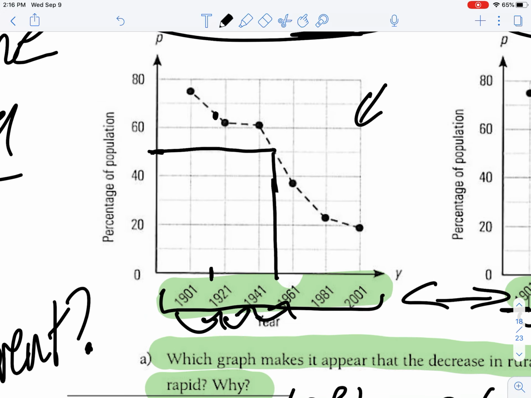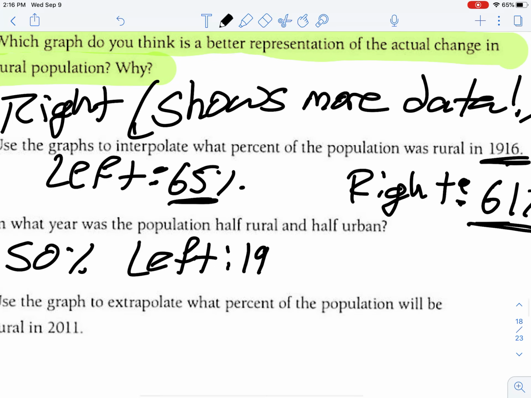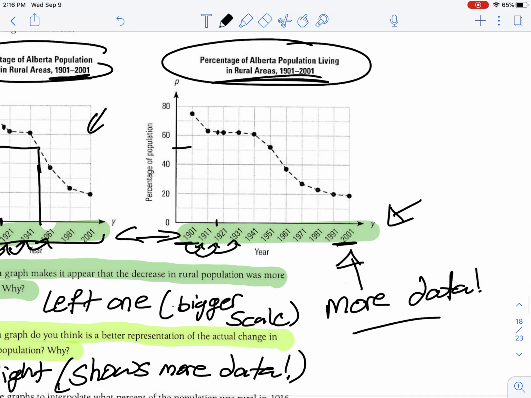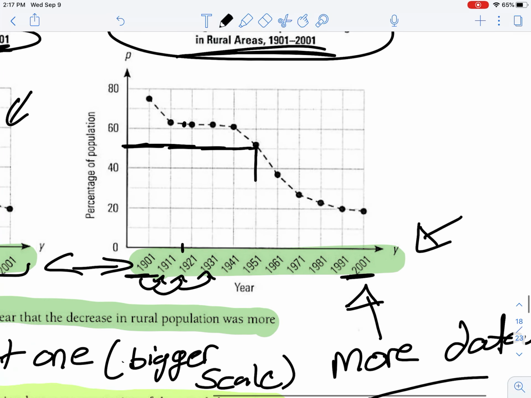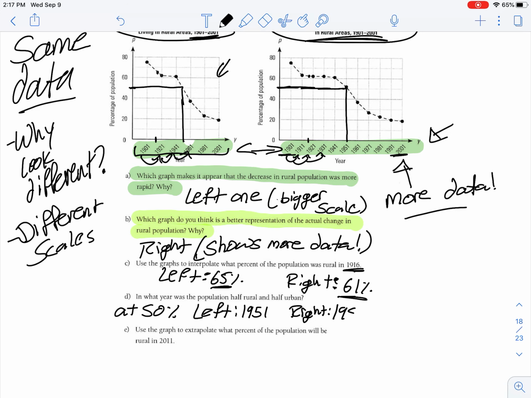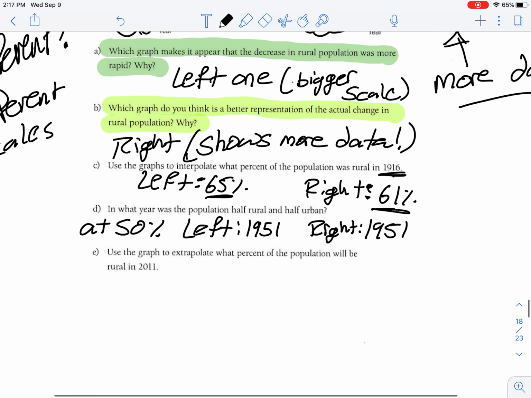That falls right between 1941 and 1961, so that's around 1951. Let's focus on the right now. So on the right at 50%, that's pretty much 1951 on the dot. So we're doing pretty good on our guesses here.